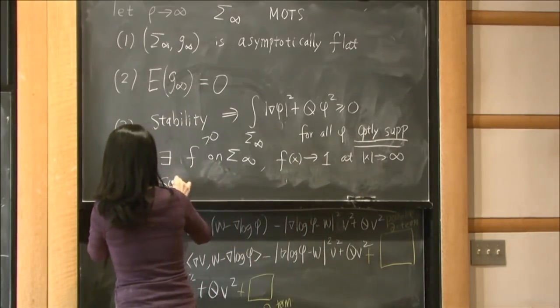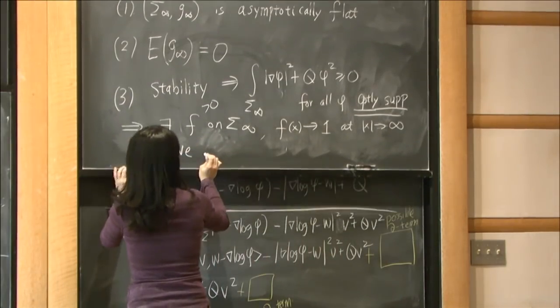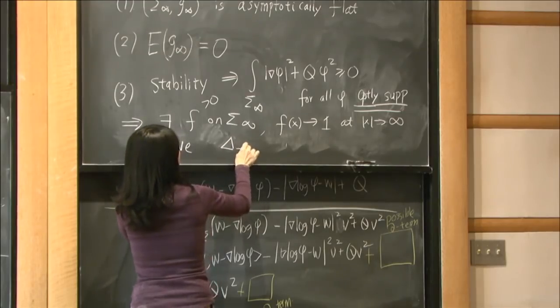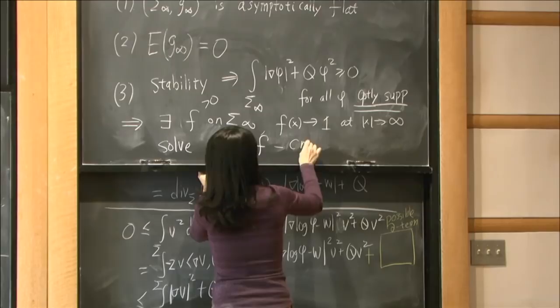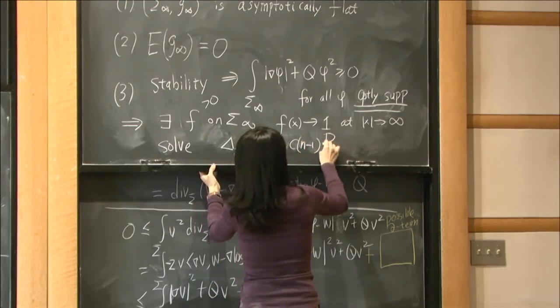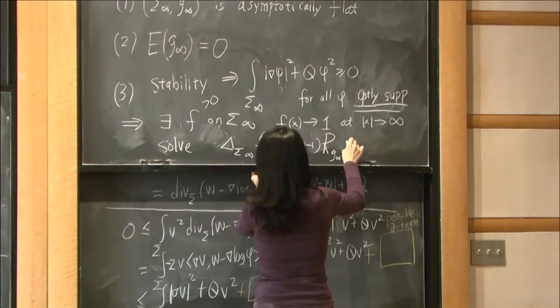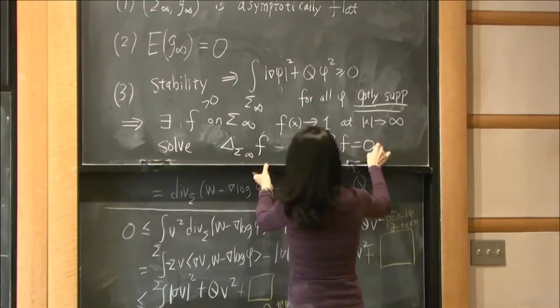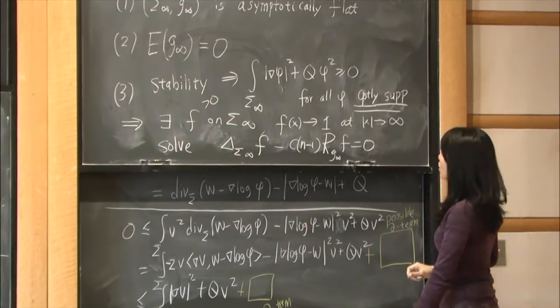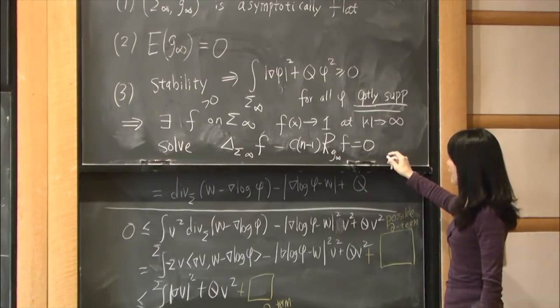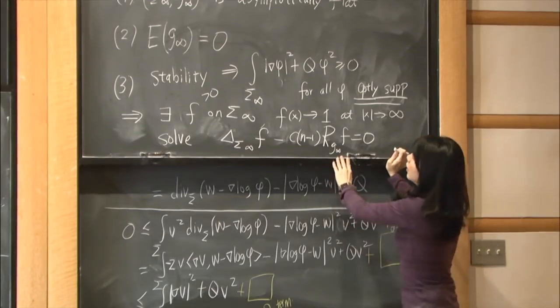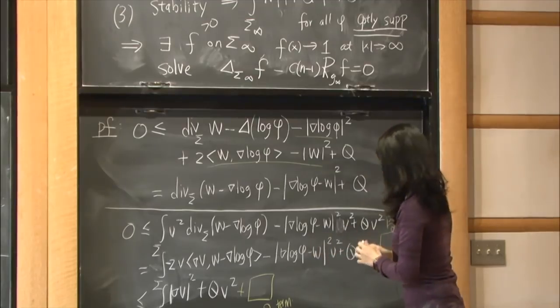And we solve the conformal Laplace equation. And here Cn is a dimension-dependent constant, which maybe let me write here.